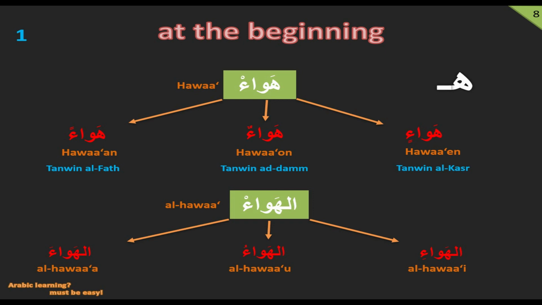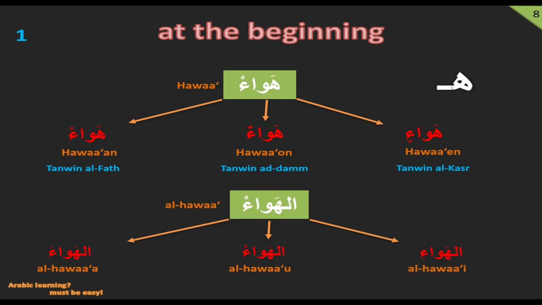So هواء with تنوين الفتح would be هواءً. We didn't add alif at the end of هواء because of Hamza. When Hamza comes at the end of the word, then we don't add an alif with the case of تنوين الفتح. So with تنوين الضم would be هواءٌ, and with تنوين الكسر هواءٍ.